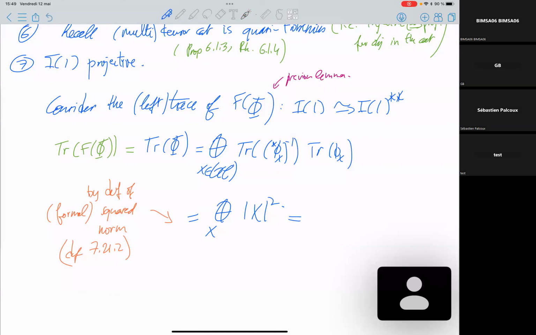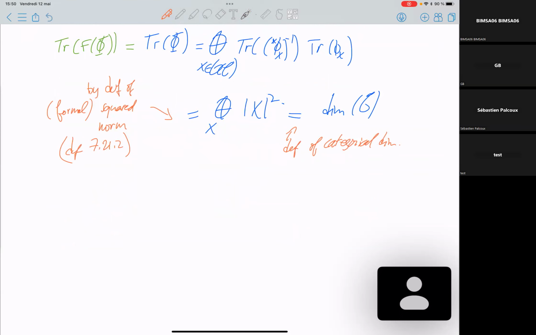So this is the definition of what we call the categorical dimension.